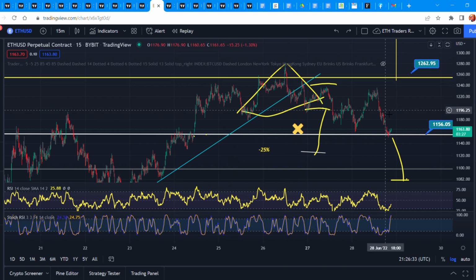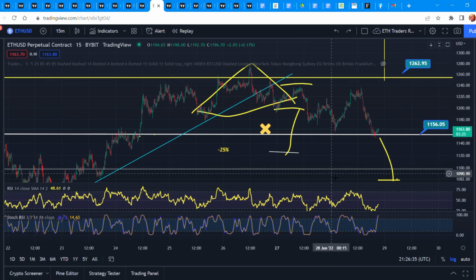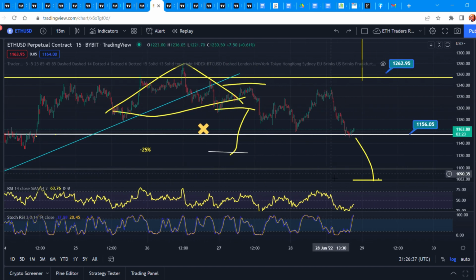So the first point in the training is be selective with your time frames. You can't start with 10 time frames. I know, for instance, you might see me, or you might see Roy especially, flicking between the 5-minute, the 1-hour, the 6-hour, the 3-day, the weekly.